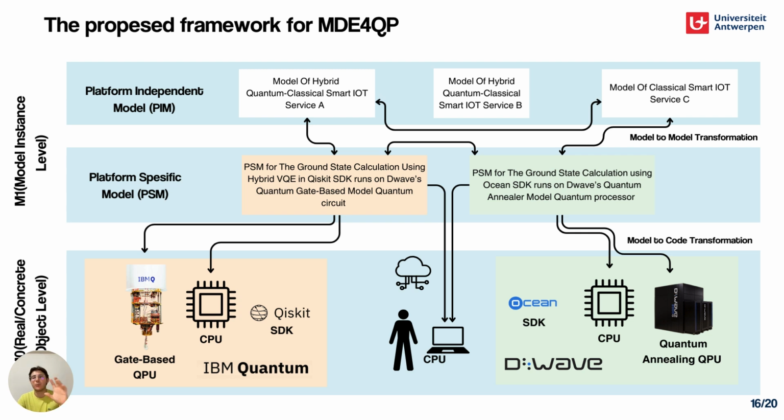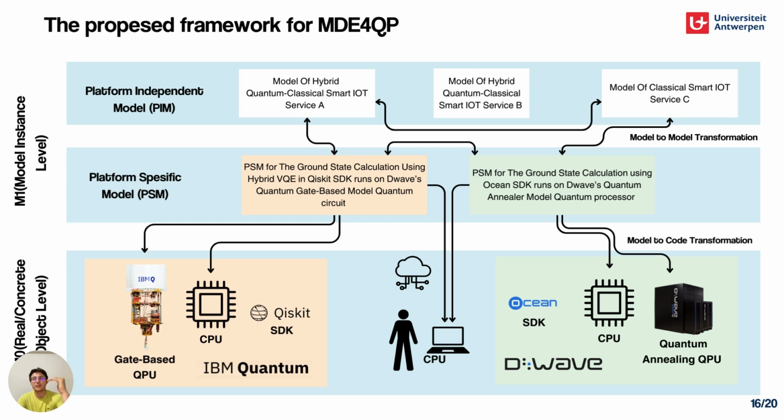And after developing exact solutions on different platforms, we proposed a framework, as I mentioned, to solve the ground state problem. At the real object level, we provided two different APIs that the user can interact with. One of them is IBM's quantum CPUs and QPUs, and the other one is the D-Wave QPU.